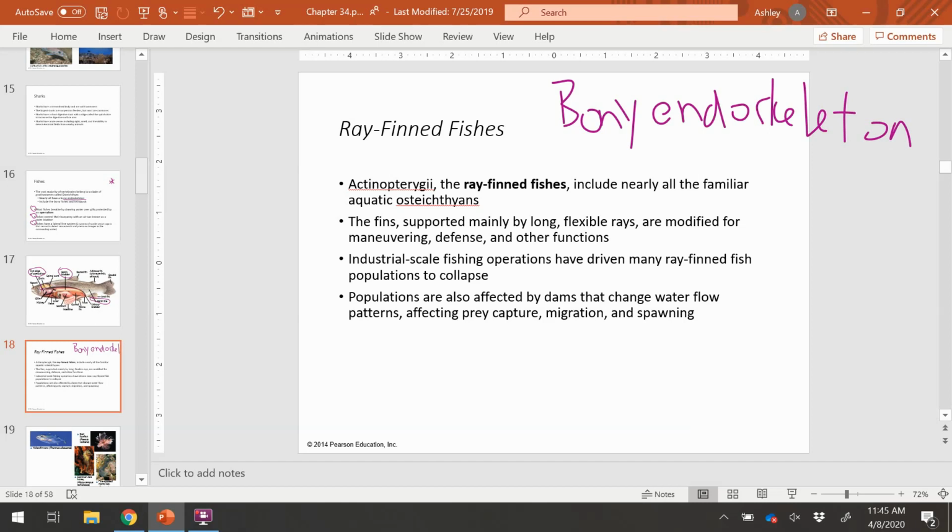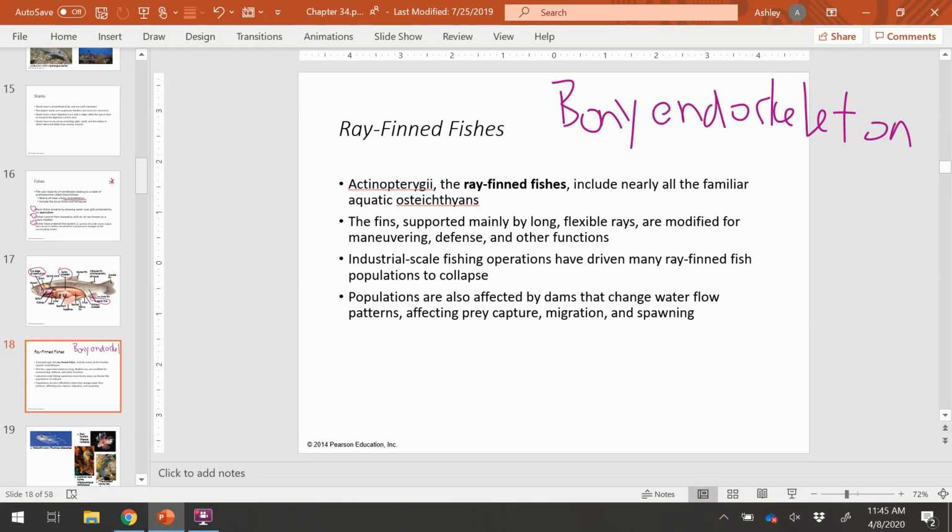And so they have lots of other things here. You can see in terms of modifications, they have fins, flexible rays helping with maneuvering, defense, other functions, but they are known for being commercially valuable. And so there are industrial scale fishing operations that have driven many of these fish populations to collapse, but there are countermeasures being taken by other organizations to combat that.